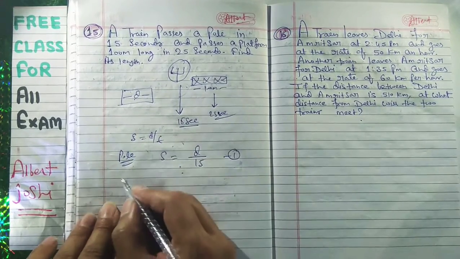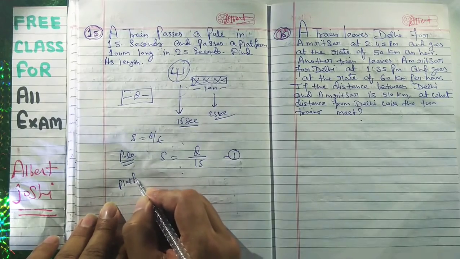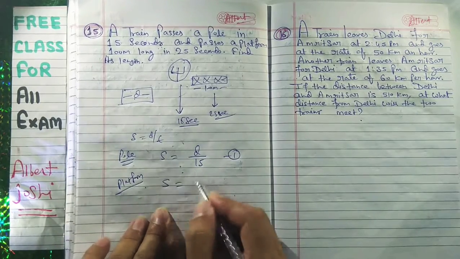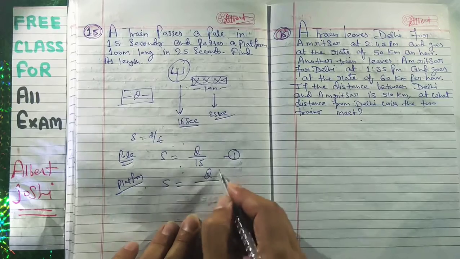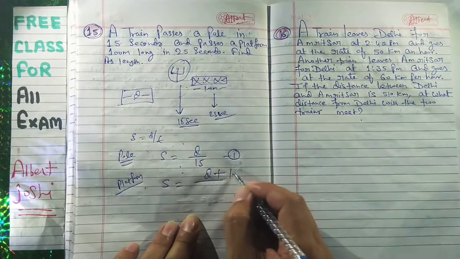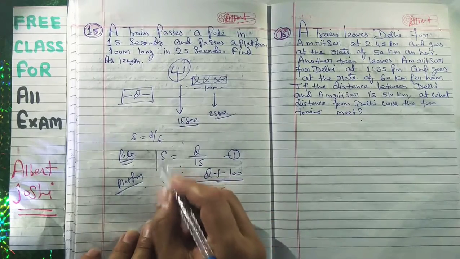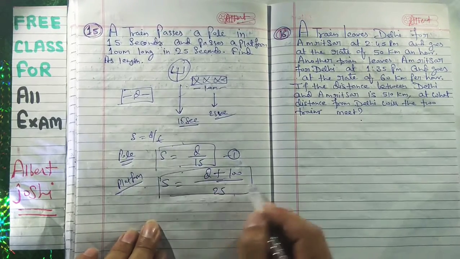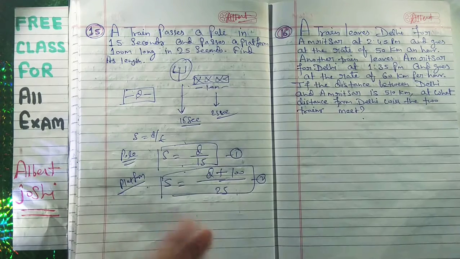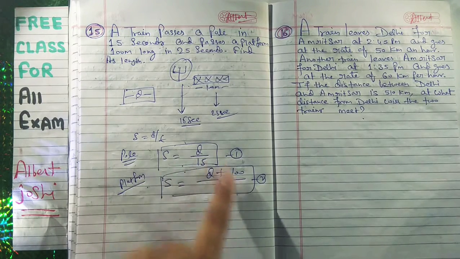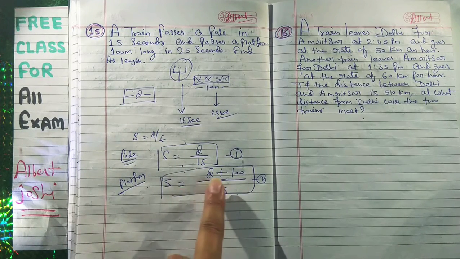That is equation number 1. Now for the platform, speed is equal to distance, the length of the train plus 100, upon time, 25 seconds. This is equation number 2. You have to solve both equations, and then you will get the values of D and S, no problem.